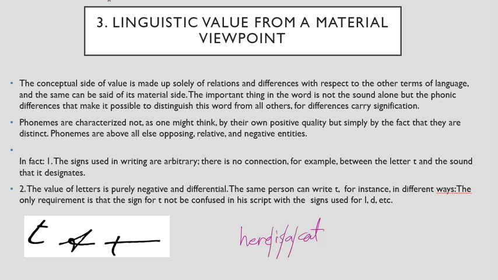And I know that because each phonic part corresponds to a concept. For example, I know the concept of here, I know the concept of is as being, and I know cat. So this is the material viewpoint for value.